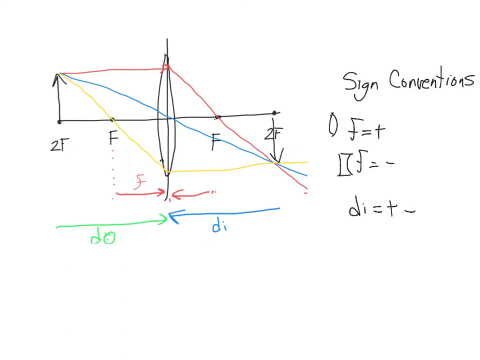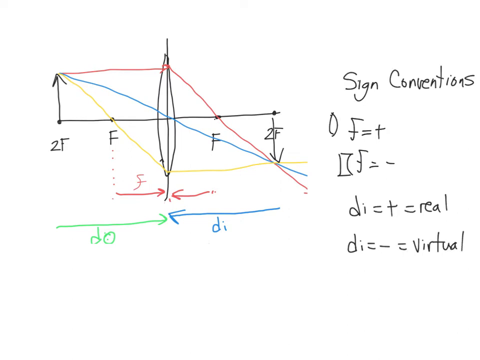In this case, it was real. So if it's on this side, or the opposite side, I should say, the image is going to be real, and therefore the distance of the image is going to be positive. And of course, the opposite is going to be true. If the distance of the image is negative, then it indicates that it's a virtual image.